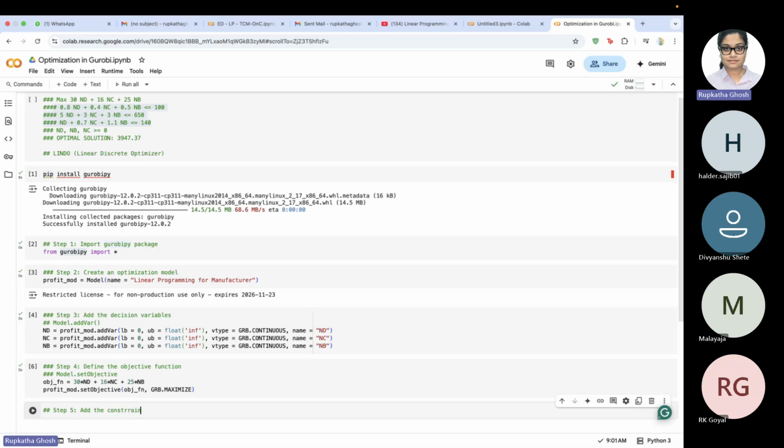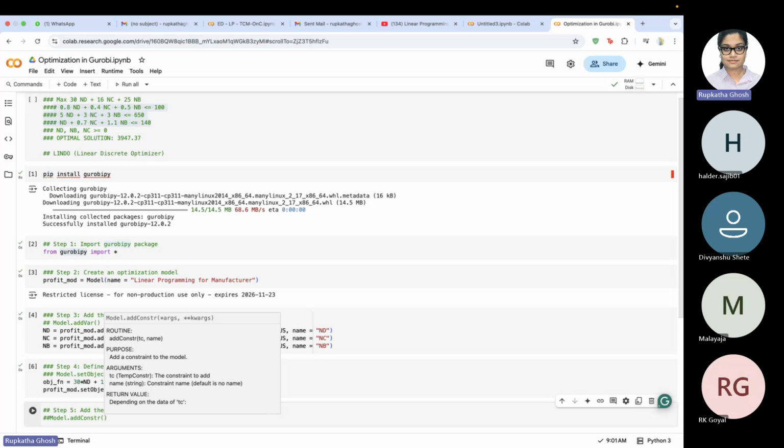As I specified, please remember that when you are adding your decision variables you do dot add var, and for constraints you do add constr. So I will show you here. This adds a constraint to the model.